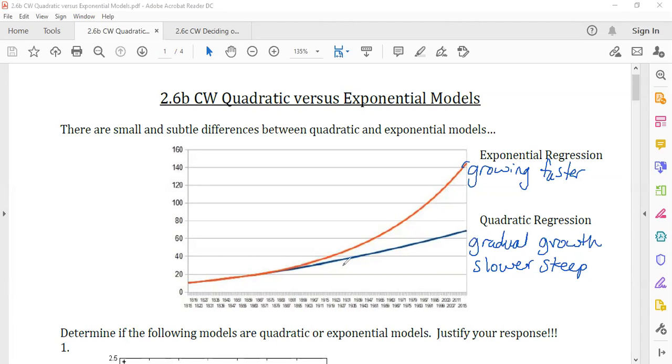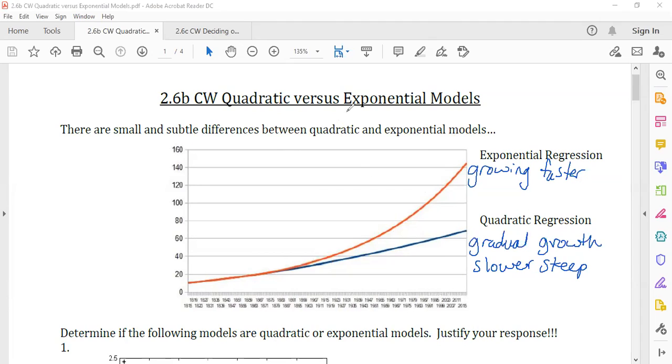So you want to pay attention to the curves of your graphs, because the curves of your graphs will help you determine if we're looking at a possible exponential or a possible quadratic regression.